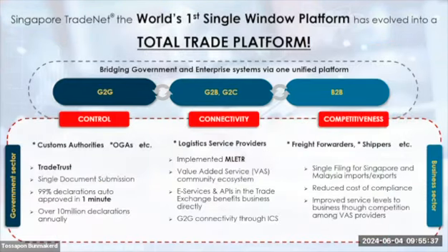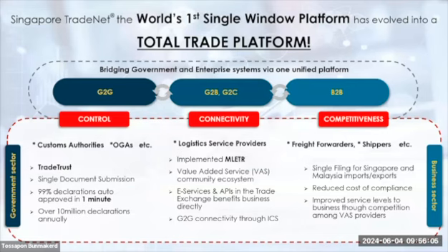So let me share some of our experience implementing the total trade platform in Singapore. We started way back in 1989. TradeNet was the first electronic single window that was implemented. We built a very strong community. It has connectivity at all levels, B2G, B2B, and so on.